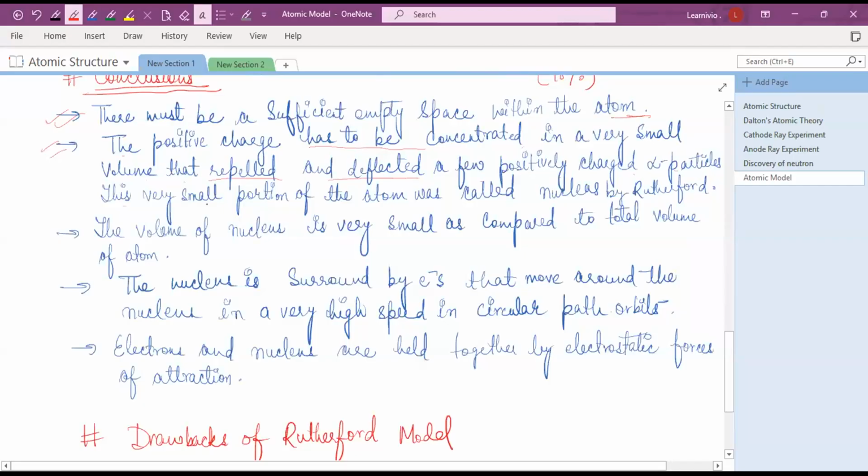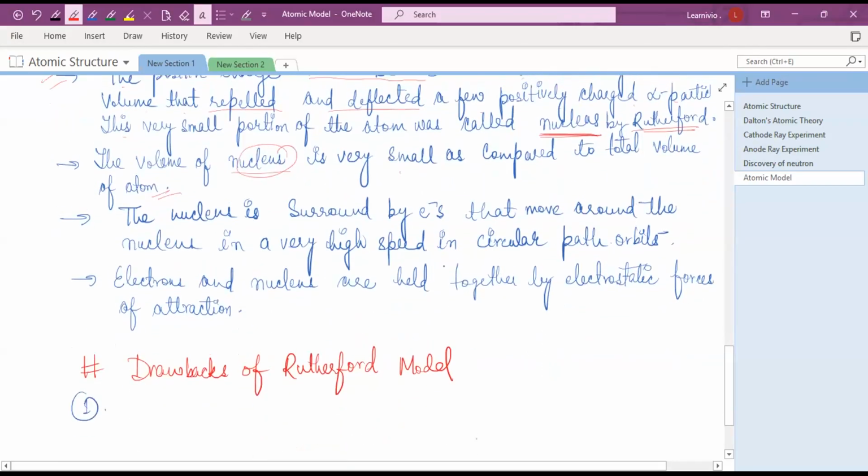This very small volume of the atom was called the nucleus. Rutherford said that the nucleus is concentrated in a very small volume, and the volume of the nucleus is very small as compared to the total volume of the atom.